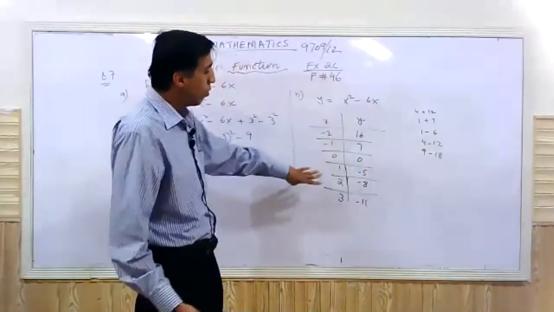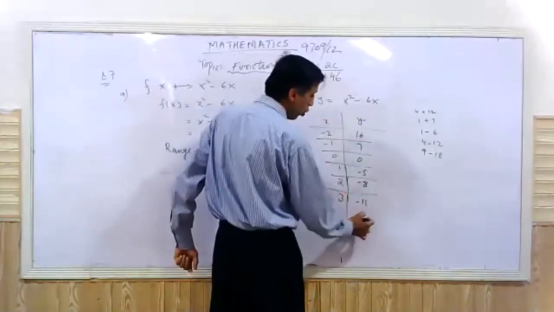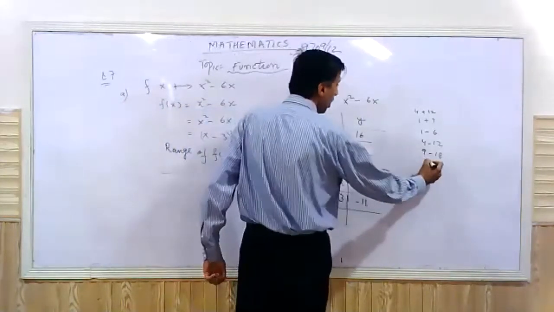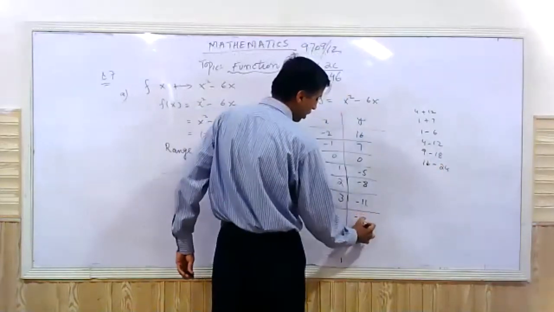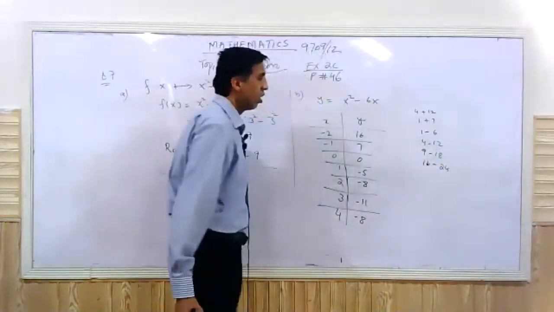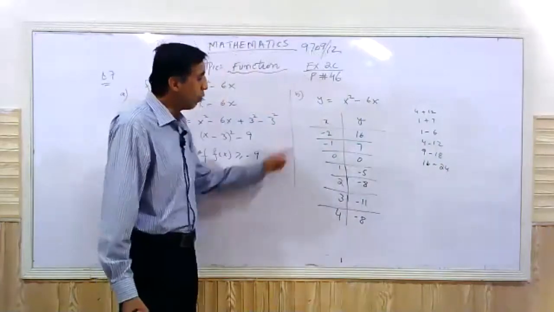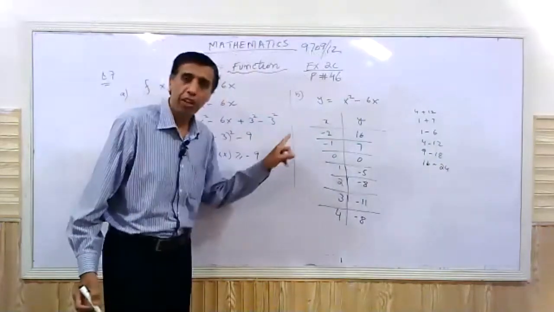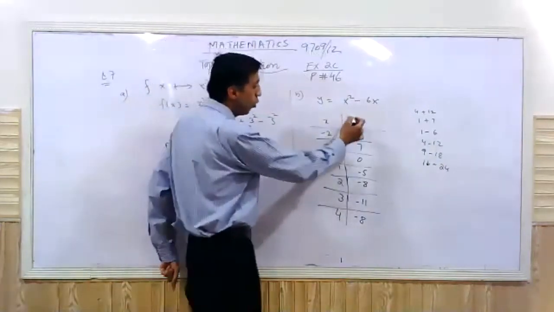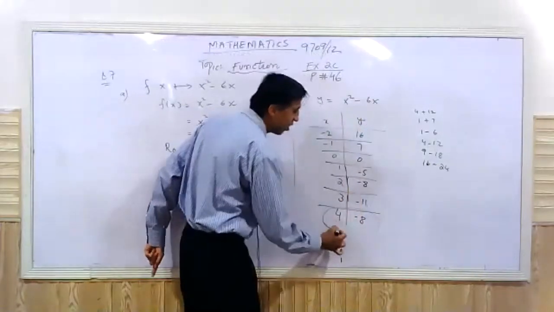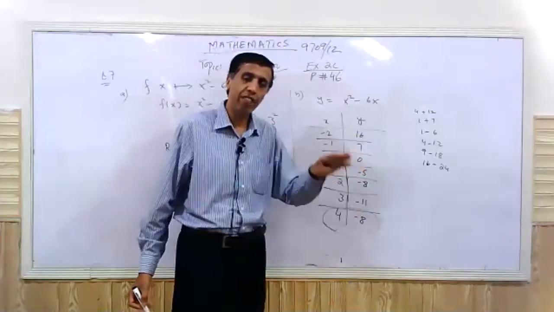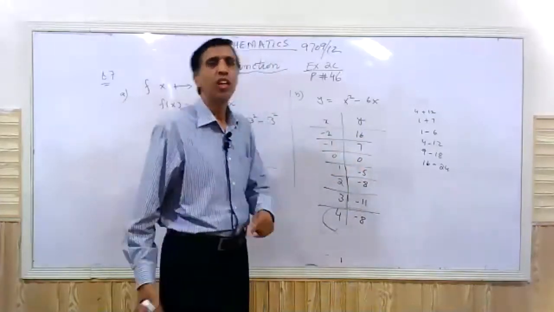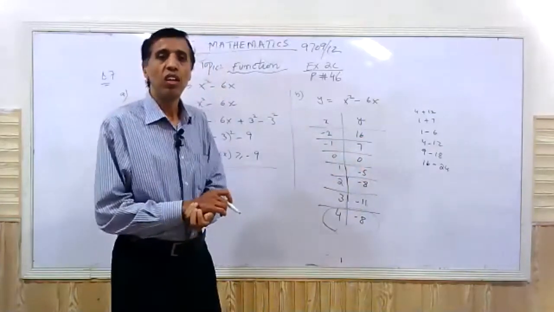When you keep the values turn by turn, if the value of y repeats, just like the value of y repeats when I have kept x equal to 4, inverse is not possible.